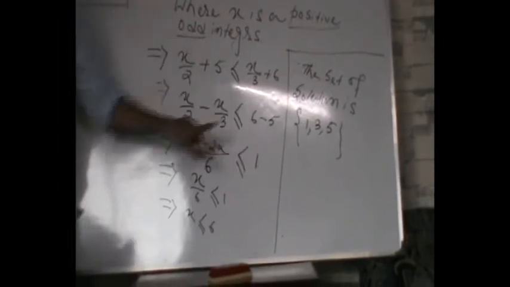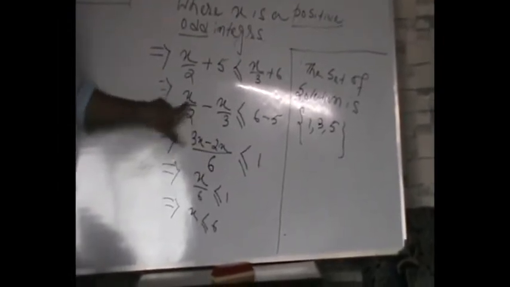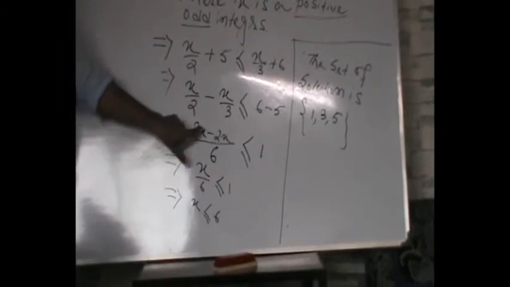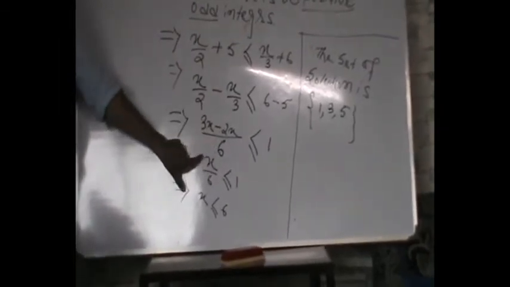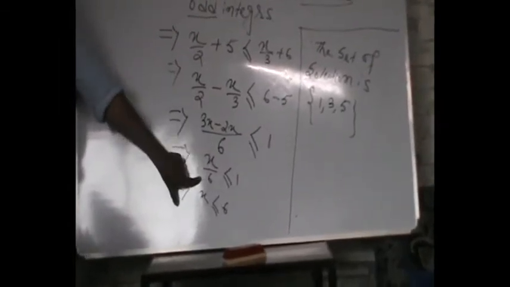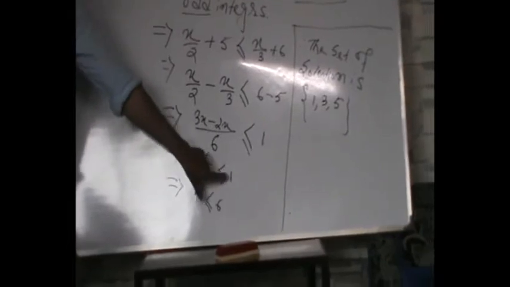Clear? So the first step is to separate the like terms here, x by 2 minus x by 3, less than equal 6 minus 5. Next step, we take the LCM of 2 and 3, that is 6. So 3x minus 2x, and this one 6 minus 5 is 1. Next step, we already know that 3x minus 2x means only x, and the denominator is 6, and this side less than equal 1.